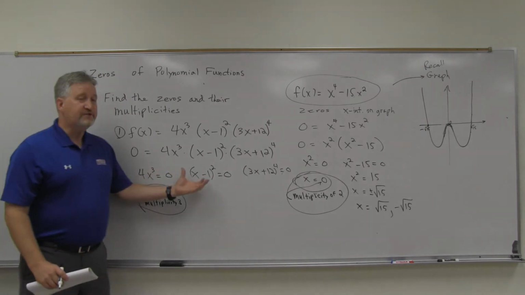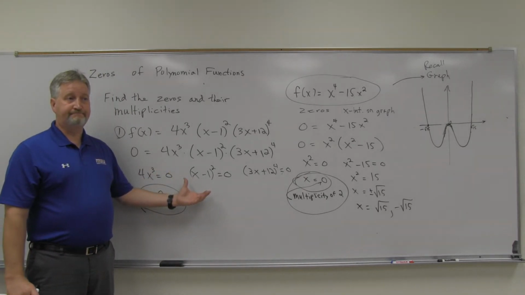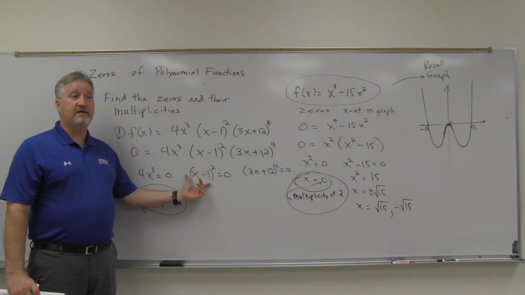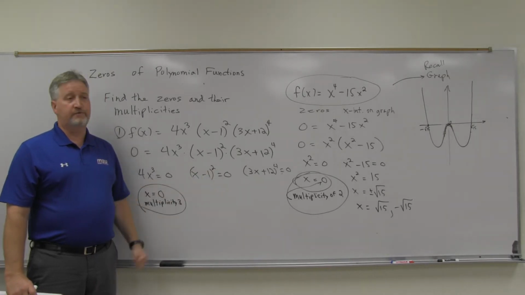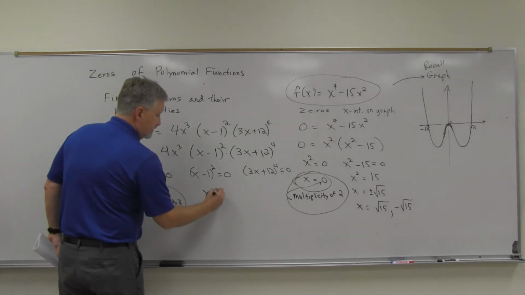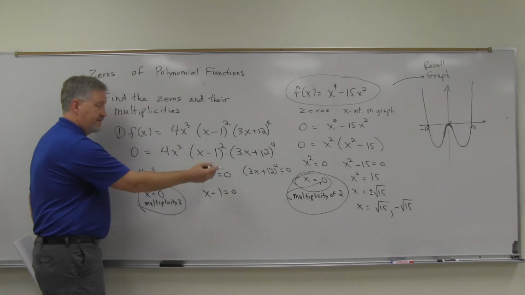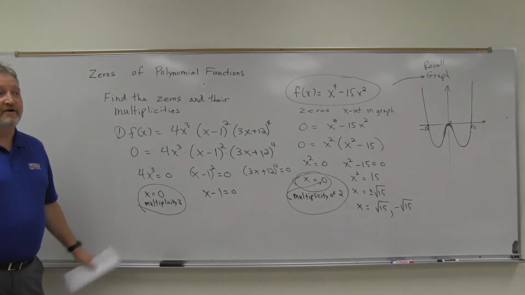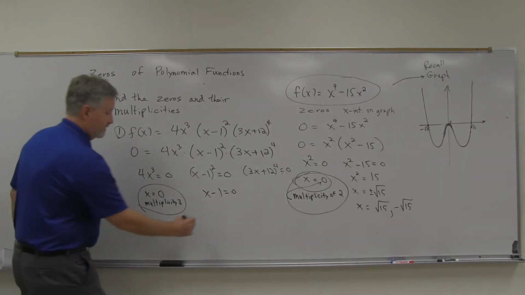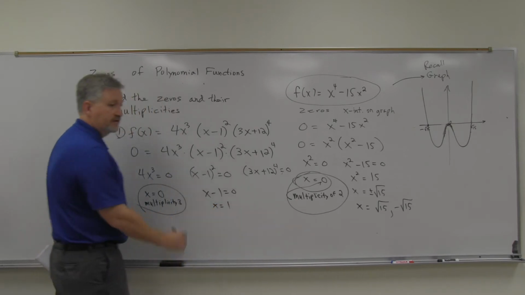Now, on this one, what about this one? I'm going to have x minus 1 equals 0. I've got x minus 1 squared, essentially square rooting both sides. If I've got x minus 1 squared equals 0, then x minus 1 has to equal 0. And so what's the 0 there? Positive 1, because you add 1.